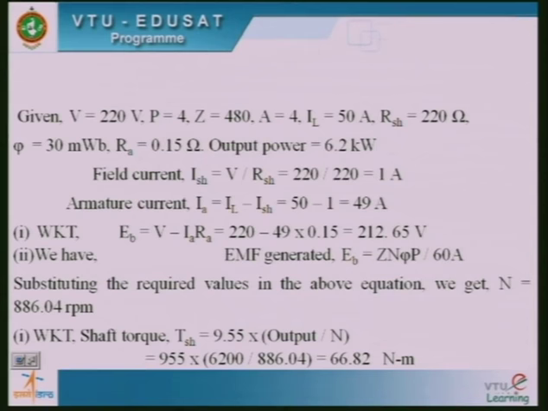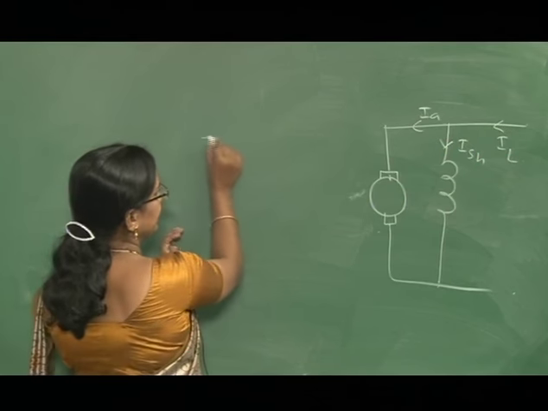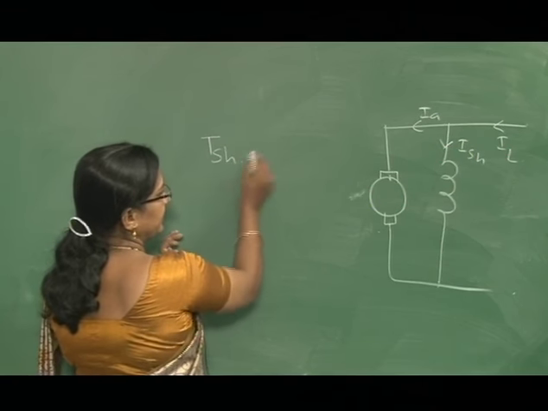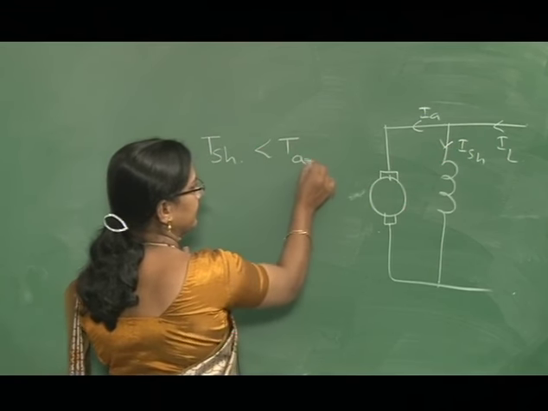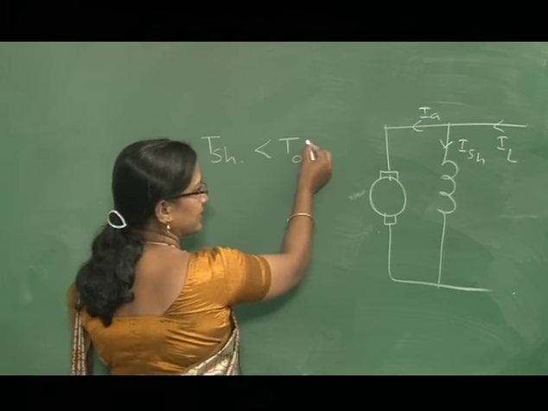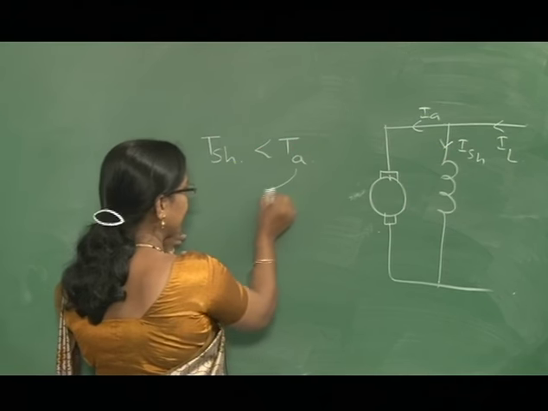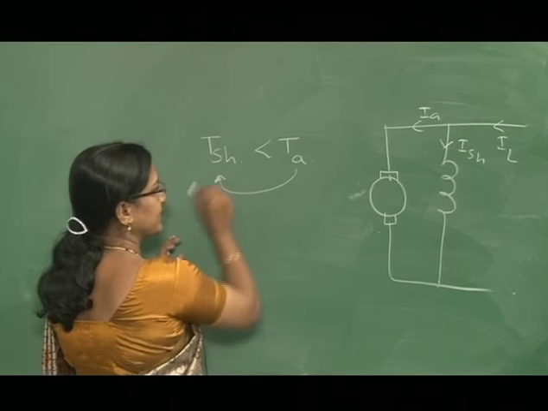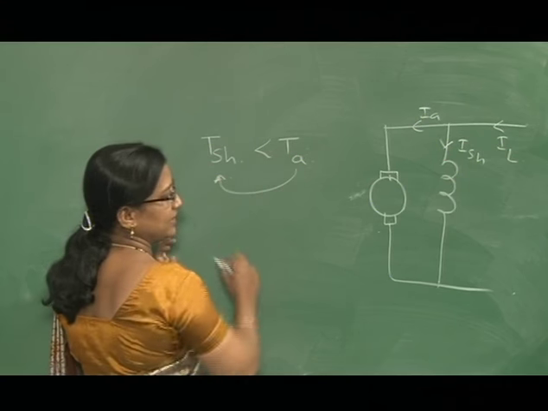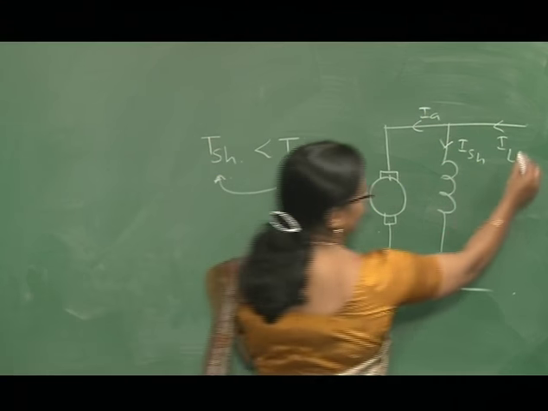I told you that this armature is connected to the shaft. So, whatever TSH we are getting is always less than TA, because the torque developed at the armature is not fully available at the shaft. It is always less than TA. This is the shunt motor.